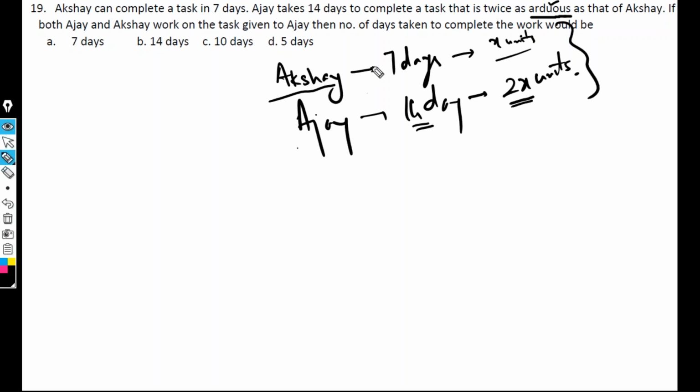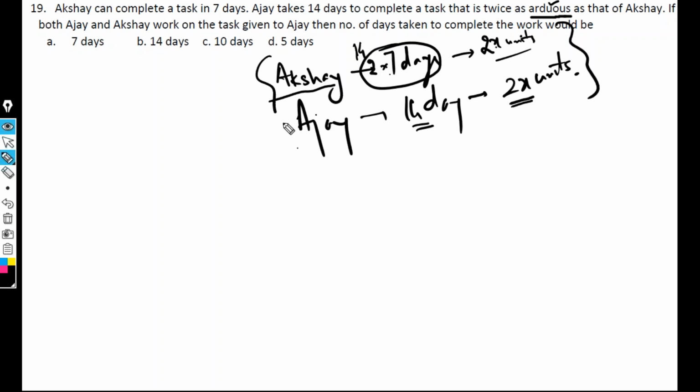Likewise for Akshay, Akshay completes x units in 7 days. So can I say Akshay will complete 2x units in 14 days?